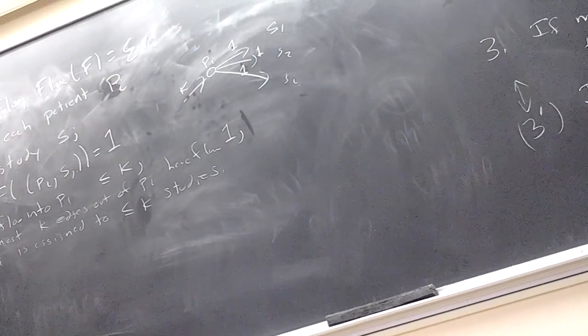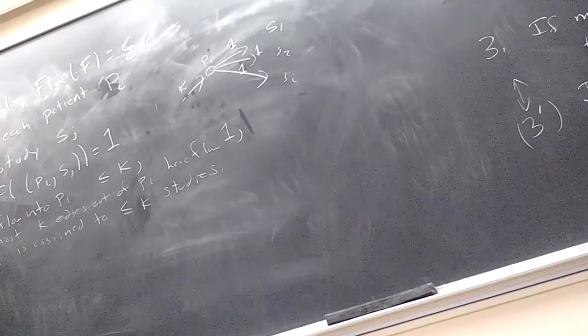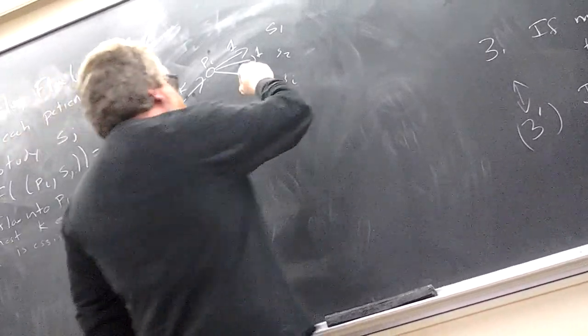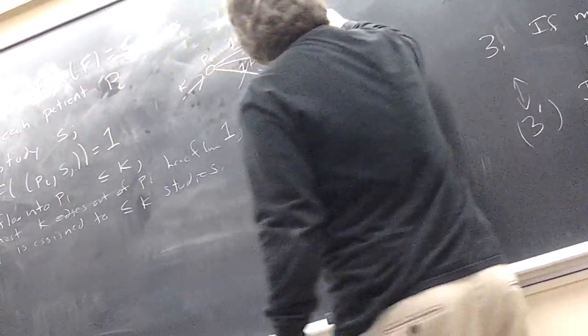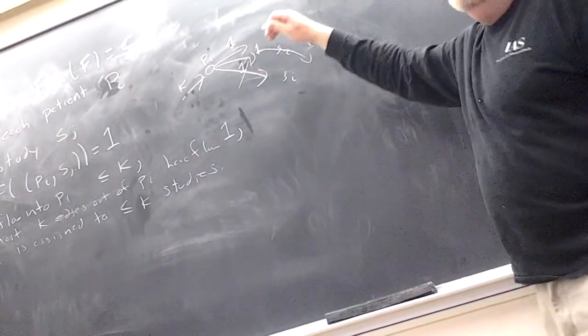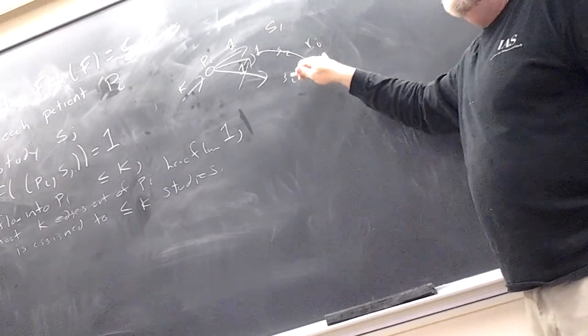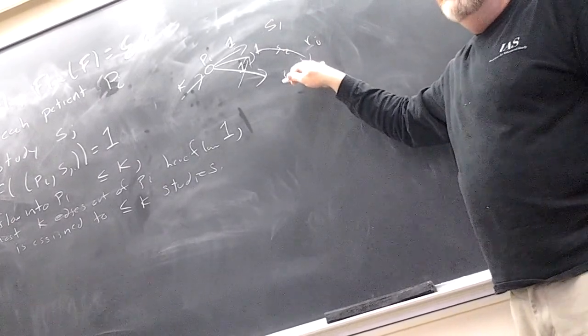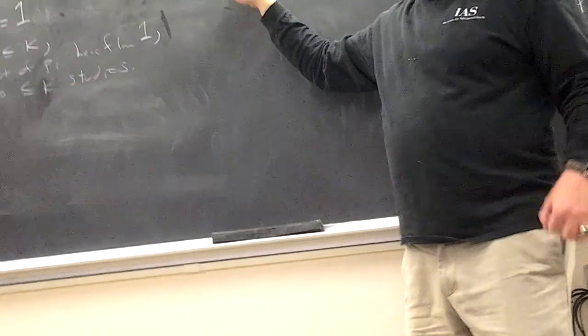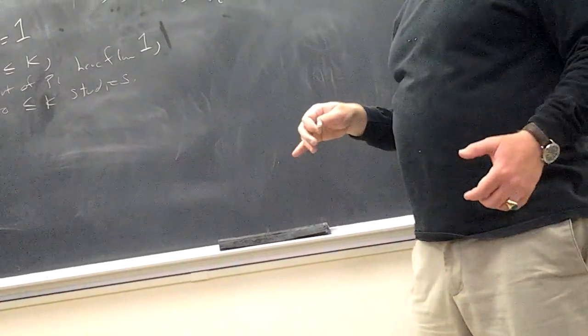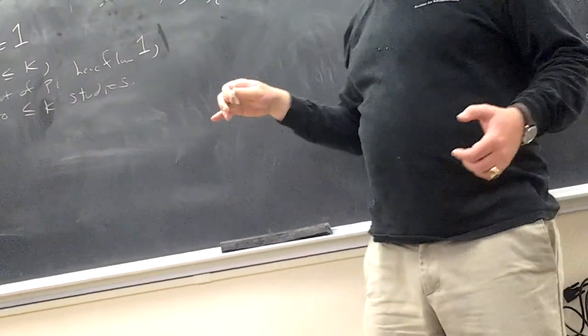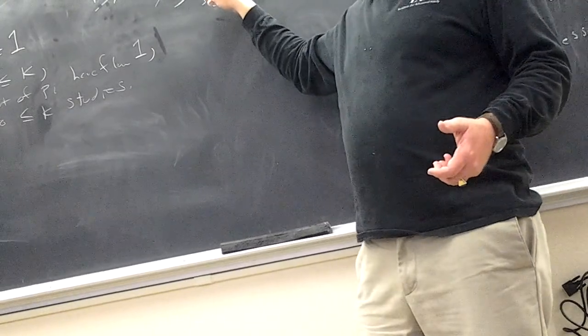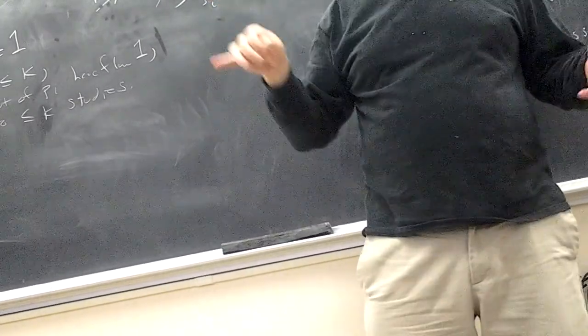So that's one part of the constraint. How about on the other side, when we look at the studies, why do we know that the studies get at least Ri patients? The sum adds up to the sum of the Ri's.